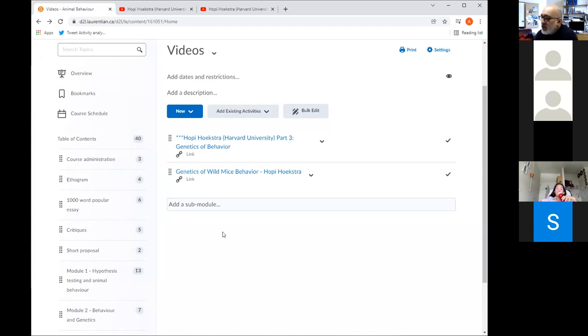That's what we're going to be talking about when it comes time to talk about genetics and behavior. It's one thing to talk about whether the behavior of mice is genetically based, or whether there is a genetic component to it.